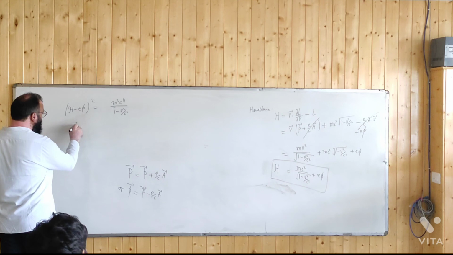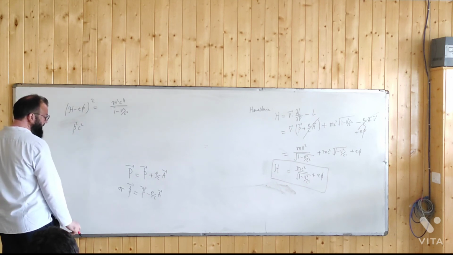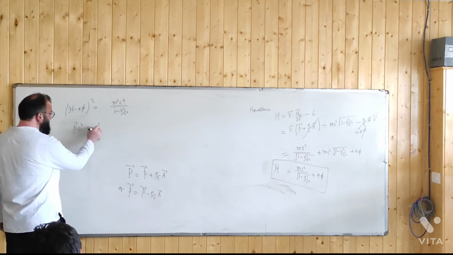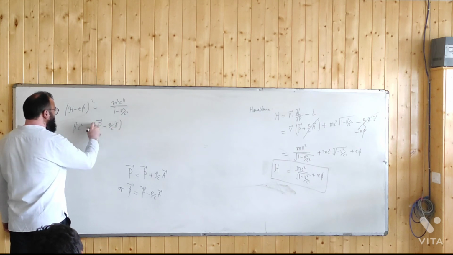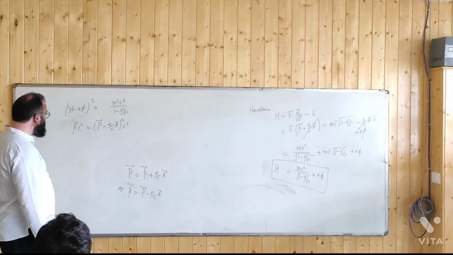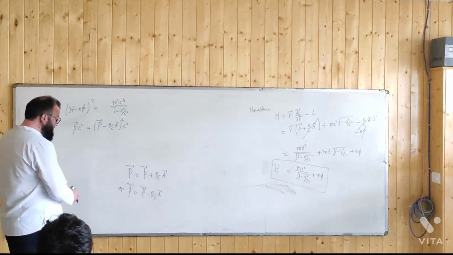So what is p square c square? Can anybody tell me? That's equal to p minus e by c A, the whole square, multiplied by c square. Is it clear?